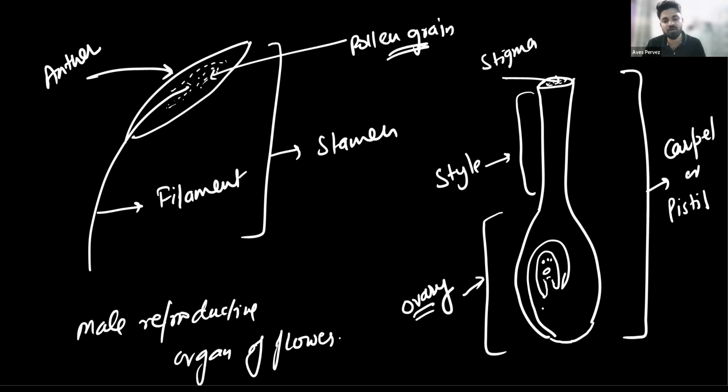What is ovule? What is ovary? We're going to discuss it. So this bulb-like structure is called ovary, and inside this is the ovule. Please draw this one. We'll note the heading sexual reproduction in flower, and make this diagram, please.